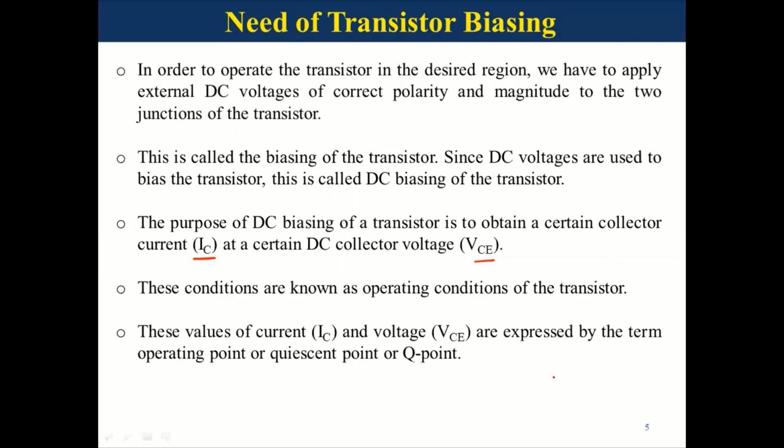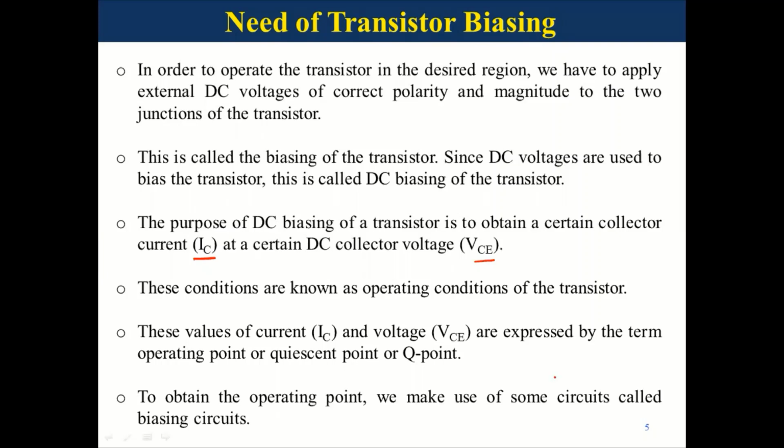So by applying these external voltages, we are setting VCE and IC, and the transistor is operated at that particular point, which we can call the operating point. To obtain the operating point, we make use of some circuits, and those circuits we can call biasing circuits.